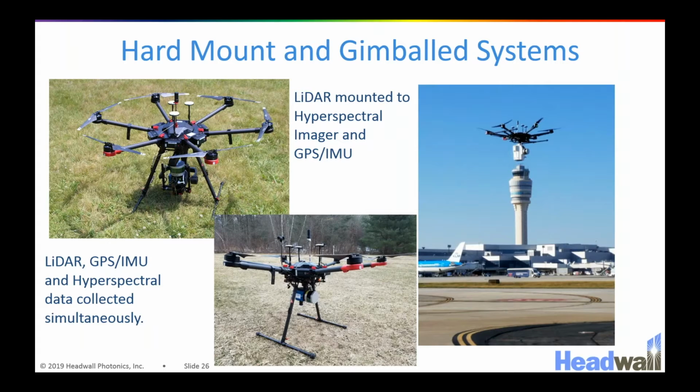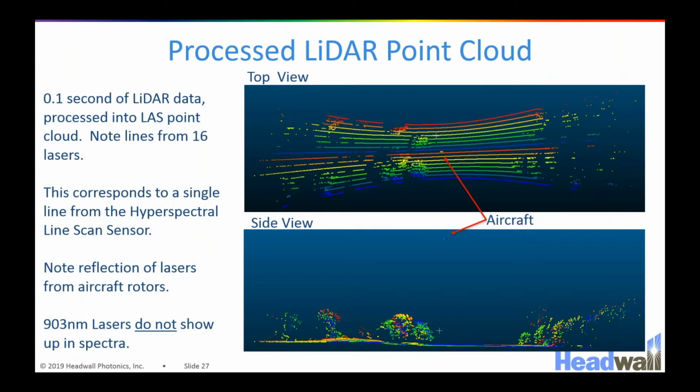And as you fly over a scene, you can collect many of these laser pulses, and basically it will give you a bunch of returns to tell you how far away all of the different objects are in your scene and give you a really cool three-dimensional map of what your scene looks like. This is an example of what some raw LiDAR data looks like.